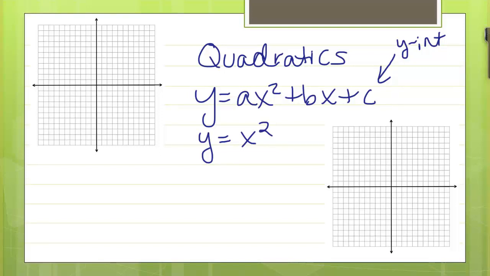And so I'm just going to do, let's say, y equals x squared plus, well, we'll just go with 3 again. So it crosses the y-axis at 3. And then a rough sketch of the shape, it looked like that. Okay, not perfect, but roughly like that.